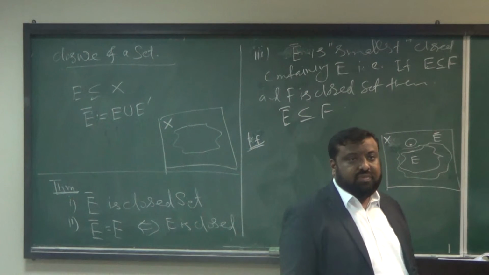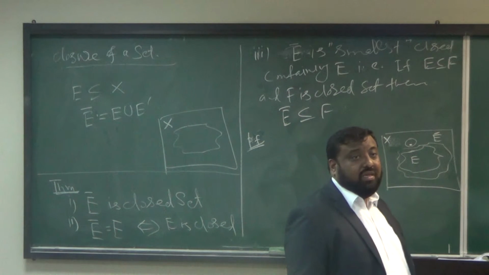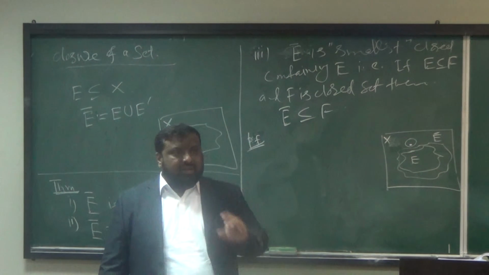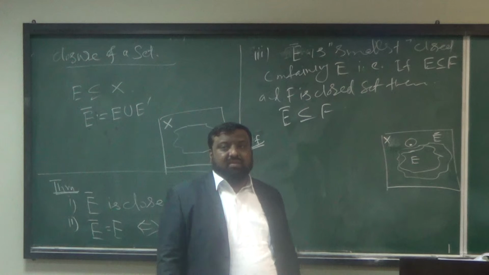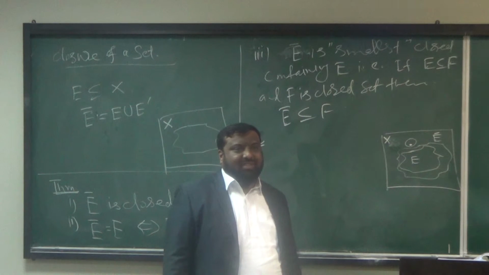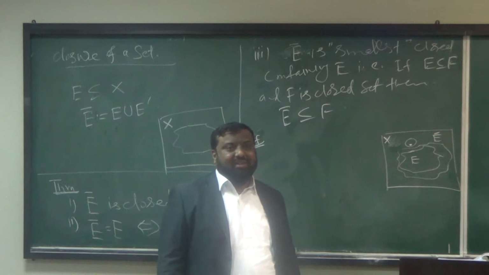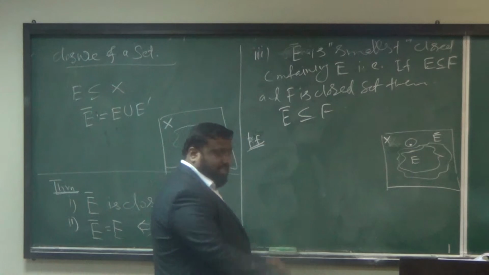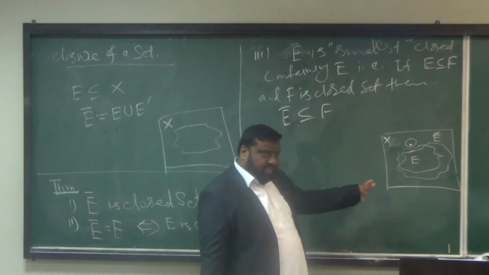It's going to be a limit point of E bar. And that's what we want to prove, that all limit points of E bar should be in E bar. Anyway, let's keep this picture in mind.